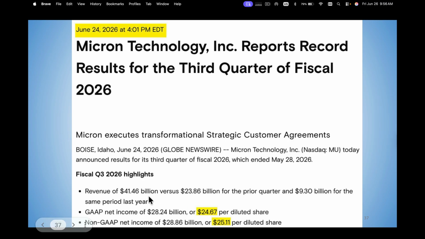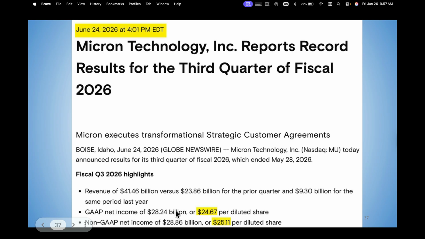To give you an idea, they went from 9.3 billion revenue for that Q3 in 2025 to 41.46 billion in 2026. A factor of nearly, well, right about four. I multiplied.